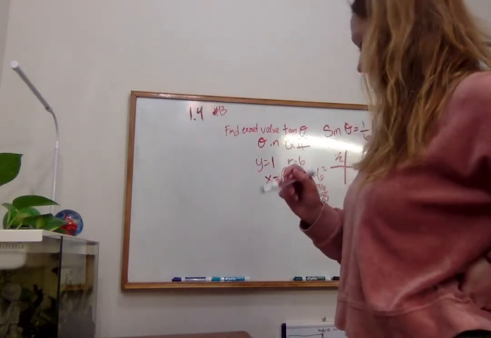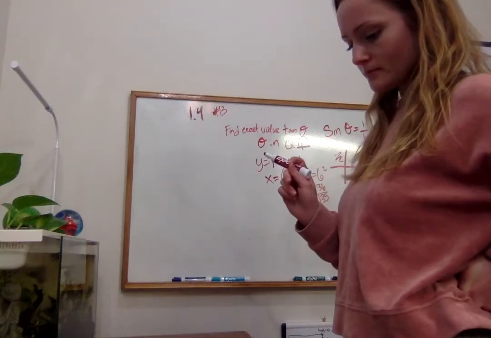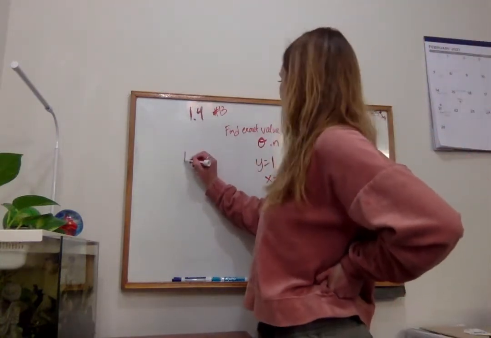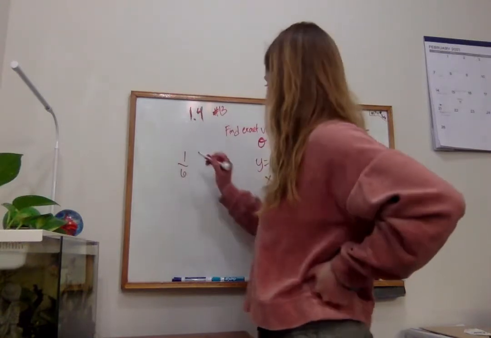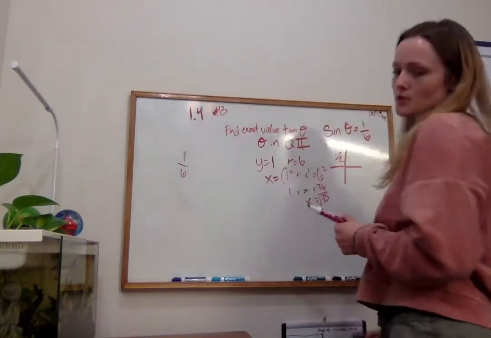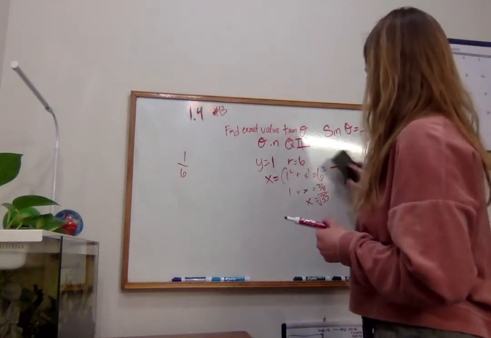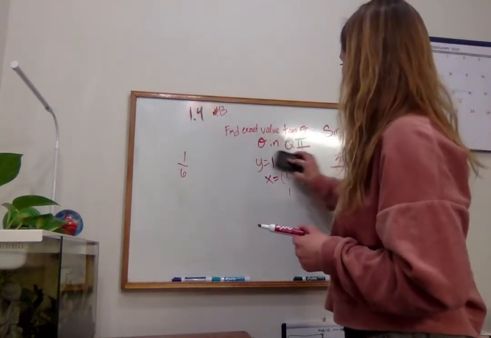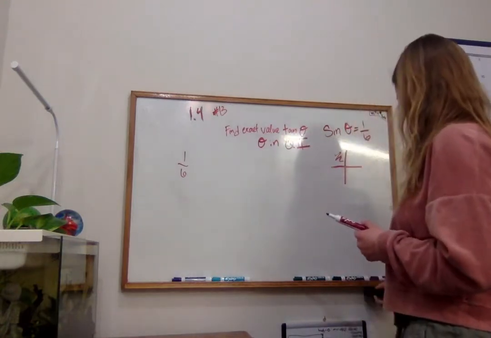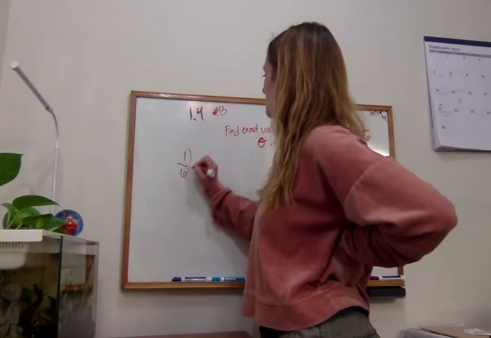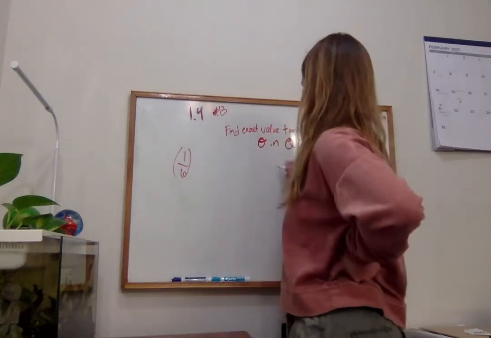So from here, I'm just going to erase this because it's wrong, but I just want to show the correction. So 1/6. Let's see, I'm going to write this down.